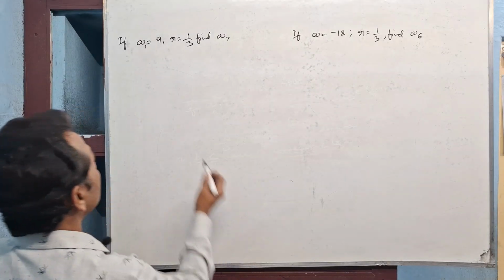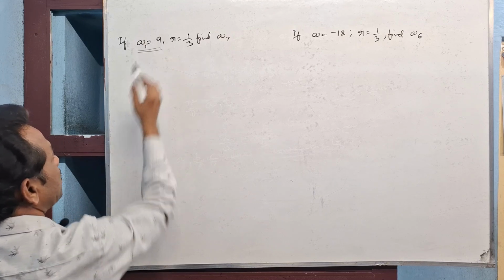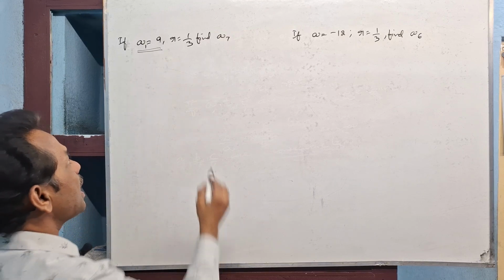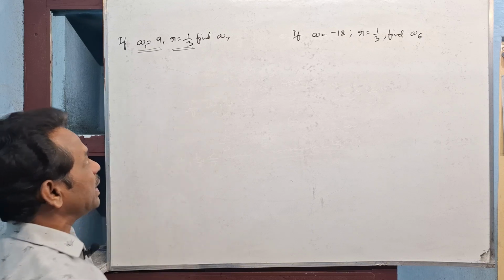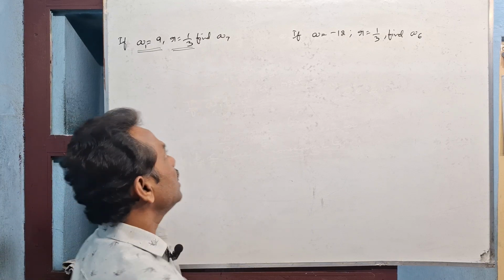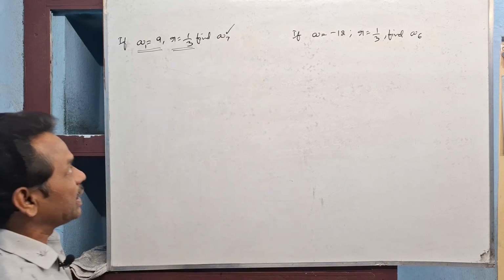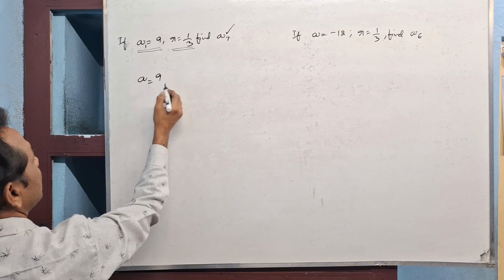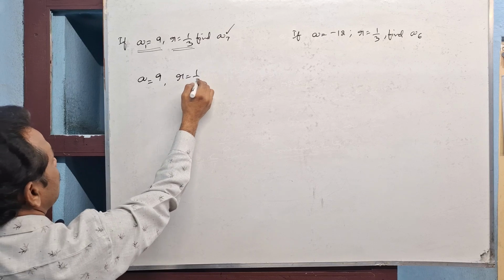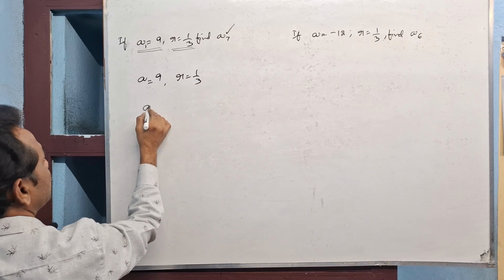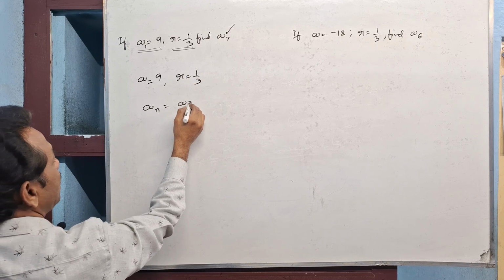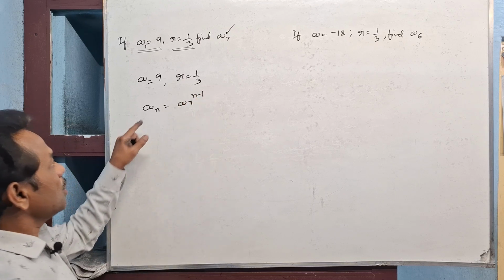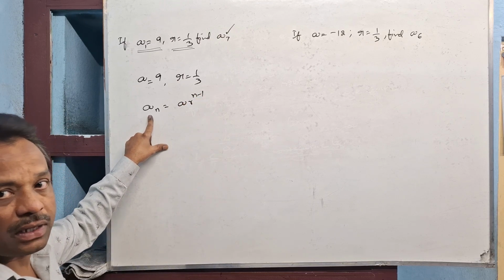In this question, it is given that the first term of GP is 9 and the common ratio R is 1 by 3, and we need to find the 7th term A7. Here the value of A is 9, the value of R is 1 by 3. The nth term is A R to the power of n minus 1, the formula used to find any particular term.